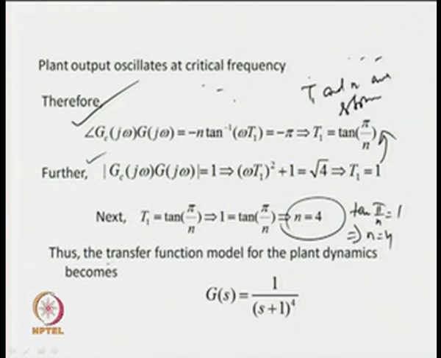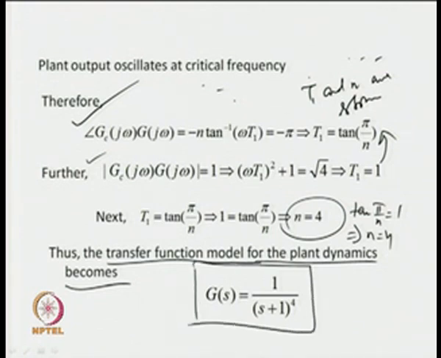Then the transfer function model of the real time process dynamics is given as G(s) equal to 1 upon (s plus 1) to the power 4. The general form of G(s) is k upon (T1 s plus 1) to the power n, and n is 4, T1 is 1, k is 1. Therefore, the process model is G(s) equal to 1 upon (s plus 1) to the power 4.